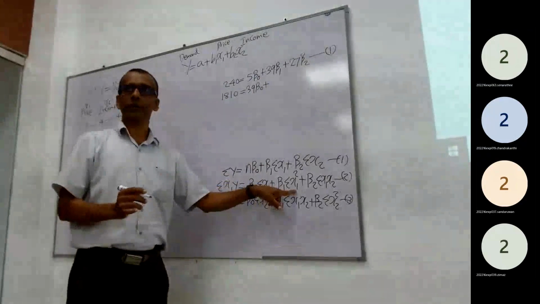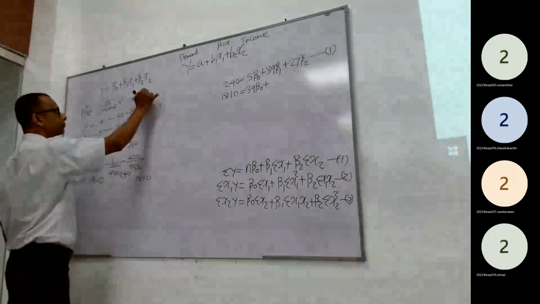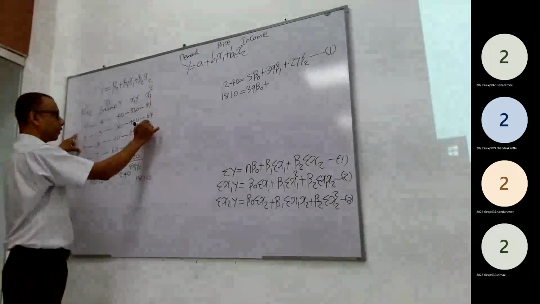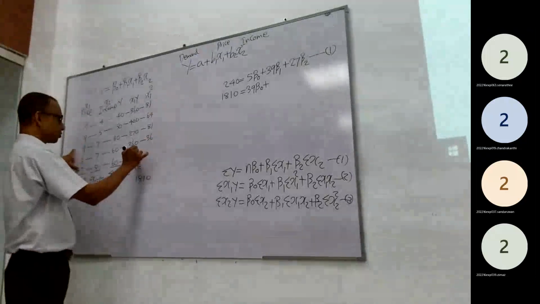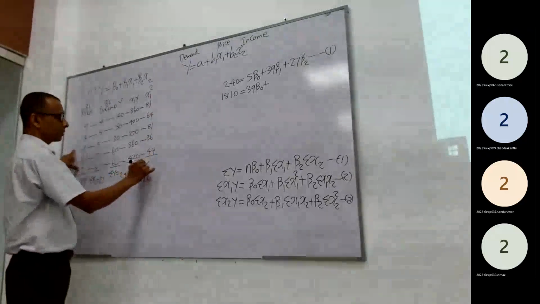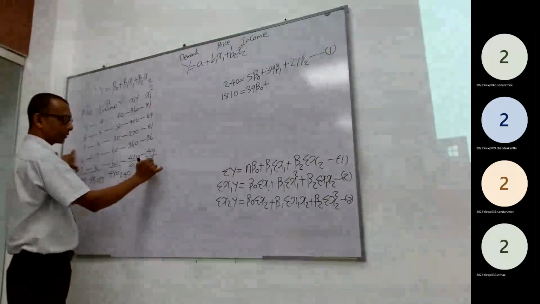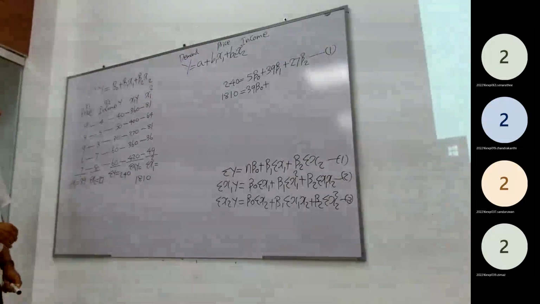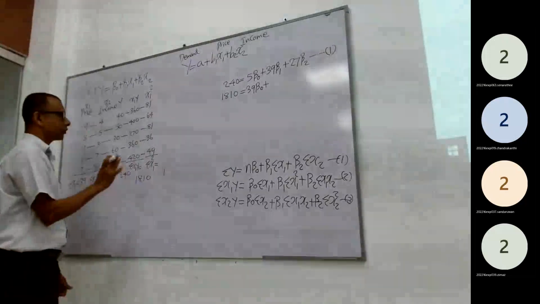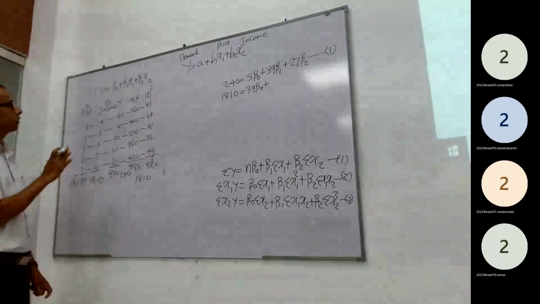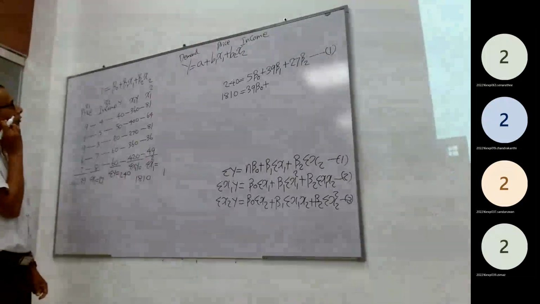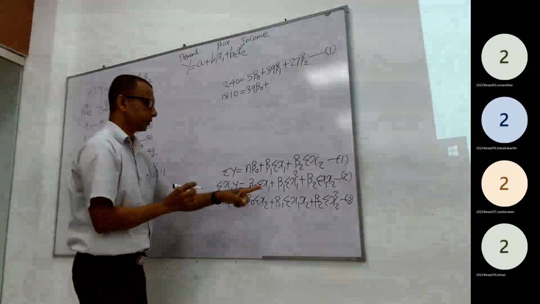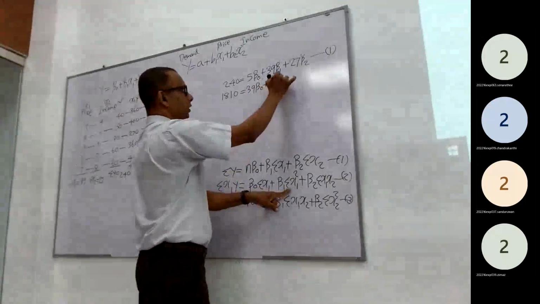Then next, sigma x1 squared, another column: 9 squared is 81, 64, 81, 36, 7 squared is 49. Sigma x1 squared is 311 beta 1.